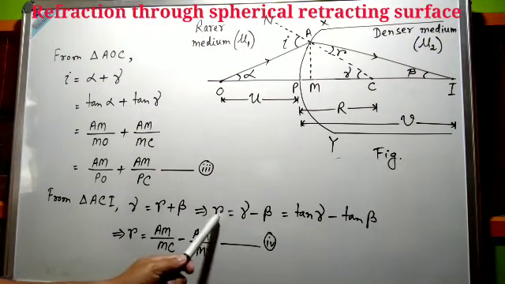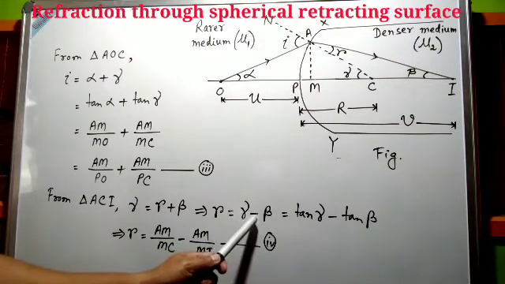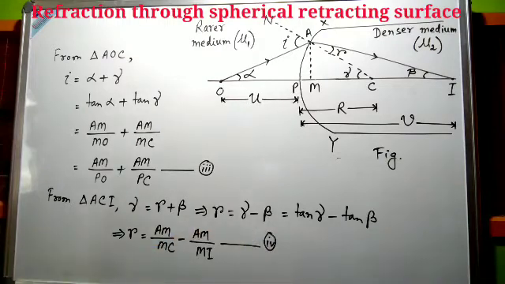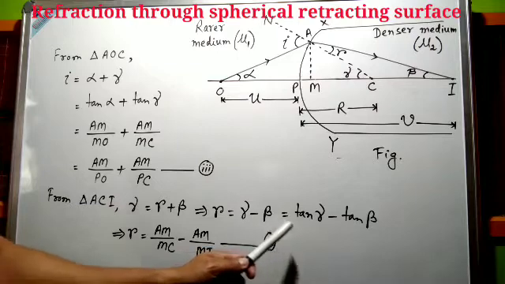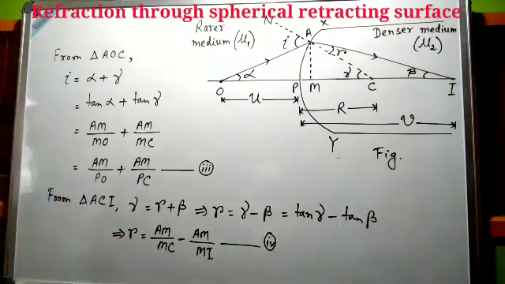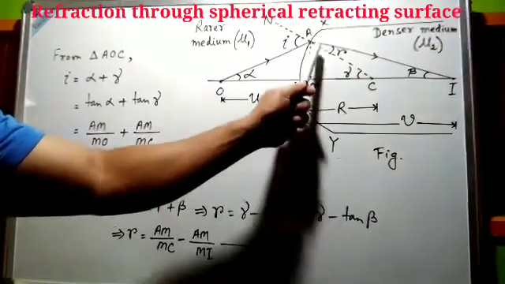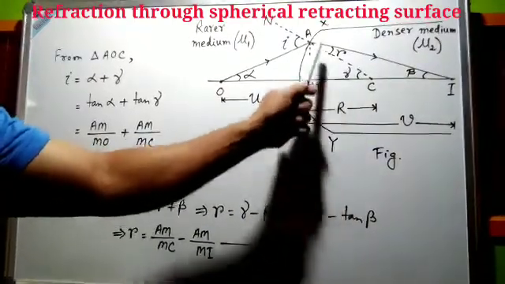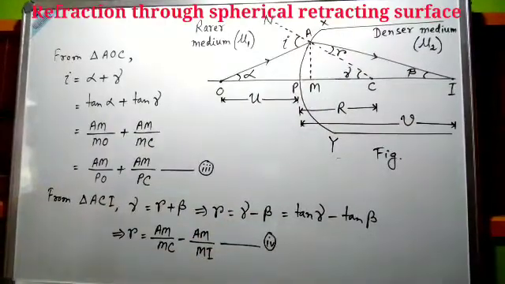So from this, r equal to gamma minus beta, and again we have to put tangents. So instead of gamma and beta, we may write tan gamma minus tan beta, because gamma and beta are also very small angles.